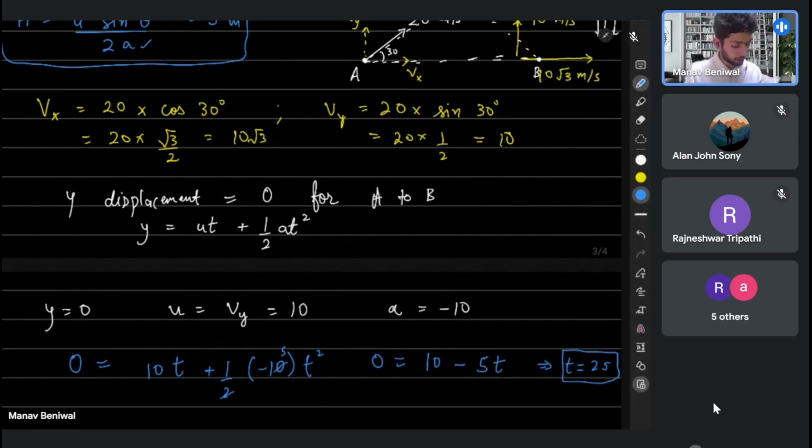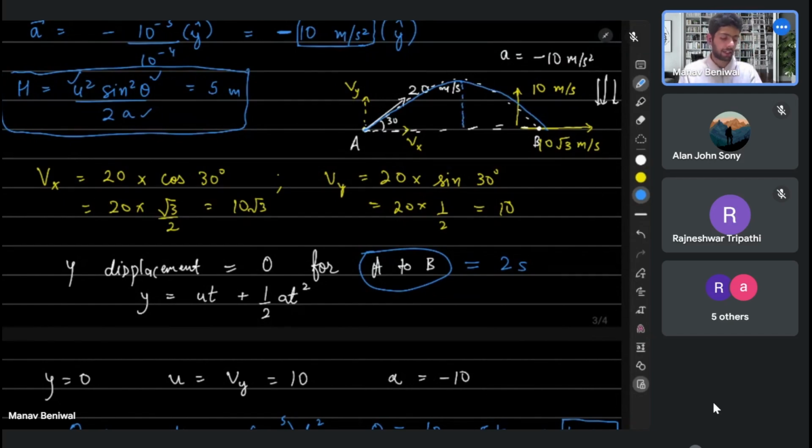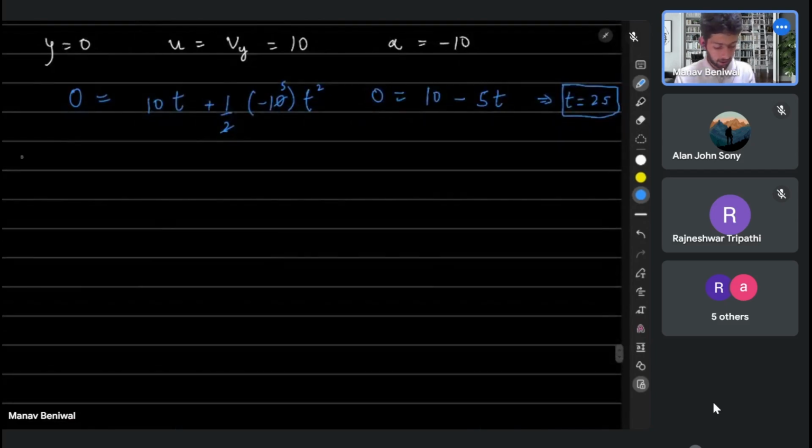So this is the total time it takes to go from A to B. It takes 2 seconds. If we start here and go all the way here, it is taking 2 seconds. So to calculate the maximum height when we are at this point, how much time will it take? It will take half the time, which is 1 second. Now we want to find out y after 1 second. Again, we'll use the same equation, y is equal to ut plus half at squared.